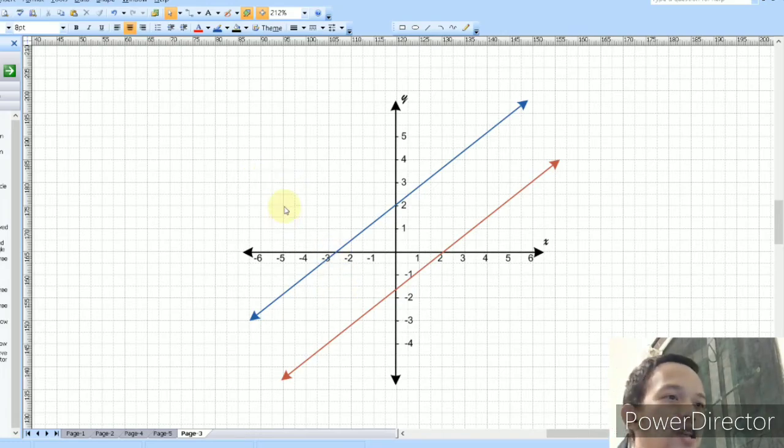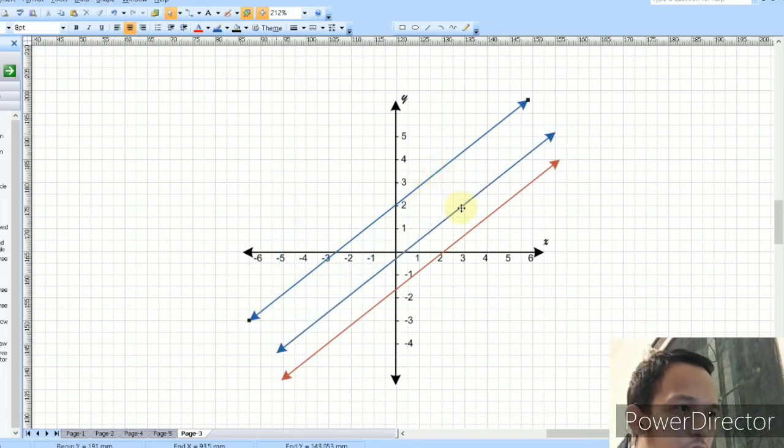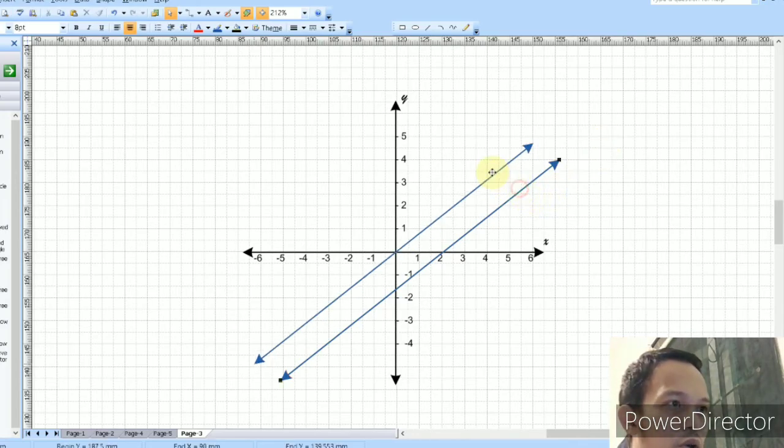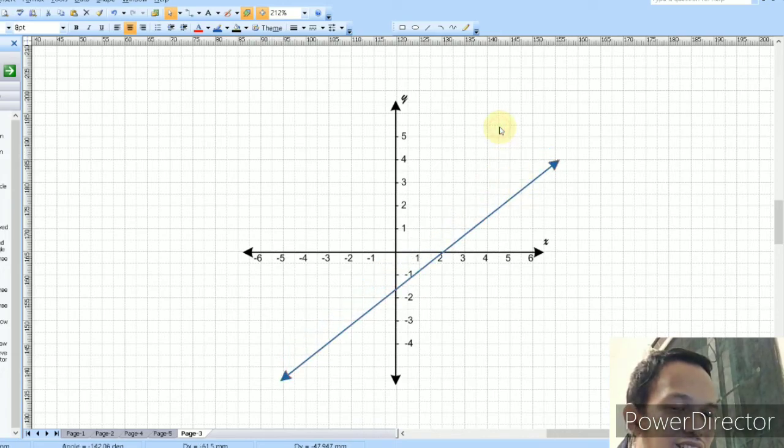The other case will be like this. If I have two lines that are actually exactly the same line, they will just overlap each other.